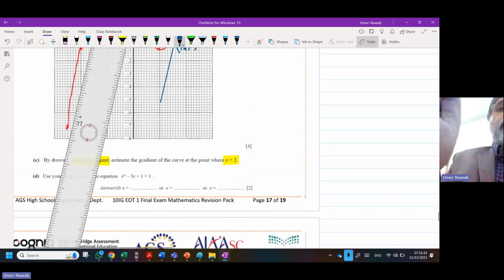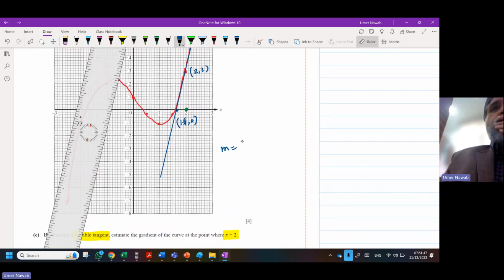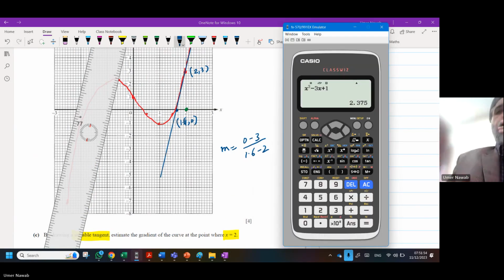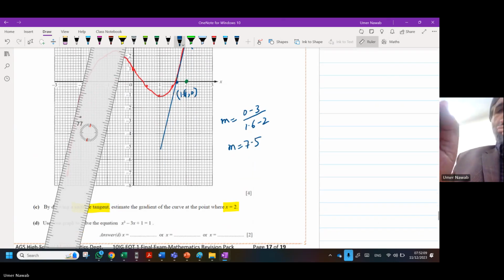I can easily find a gradient. y2 minus y1, that is 0 minus 3 over 1.6 minus 2. That gives you 7.5. So my gradient is 7.5.